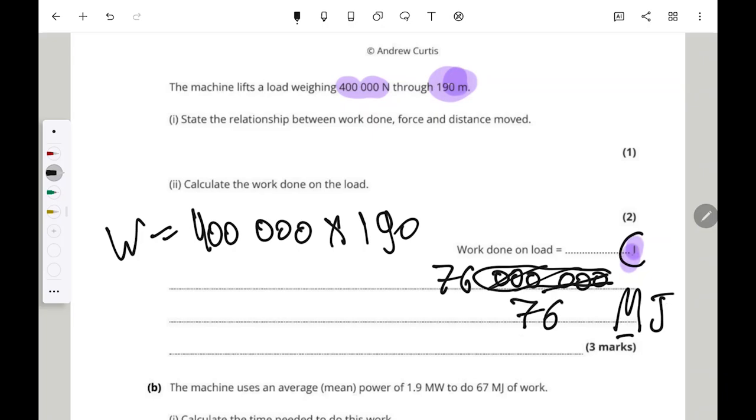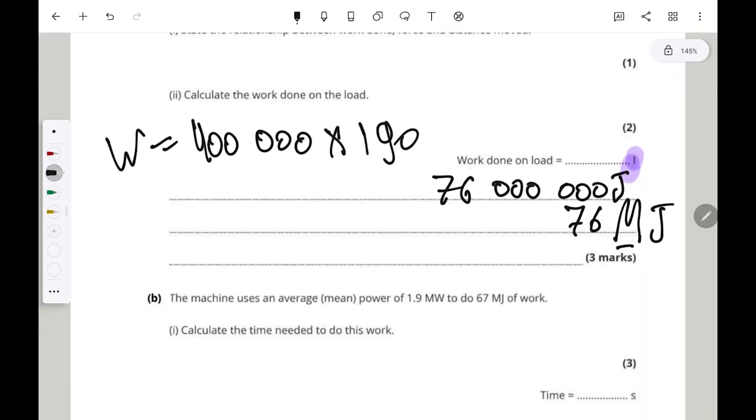Or because in certain questions like this one, it doesn't care about the unit that much, you can write it with joules normally, making the step that we did at the very beginning correct. You can write it as 76 million joules or 76 megajoules. Both of them mean the same thing.